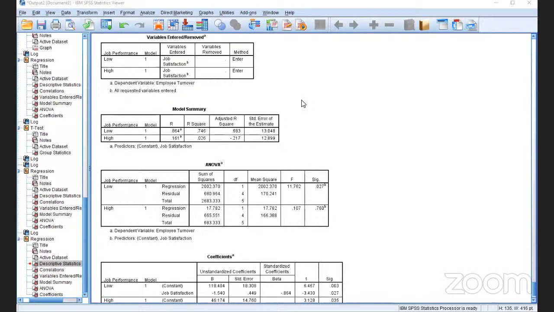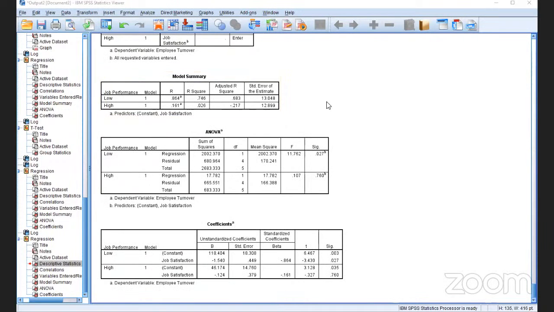So in this model table, we can see the R square. The R value is 0.8, and when we square it, it is 0.746. It means R square for low job performers is 74.6%.